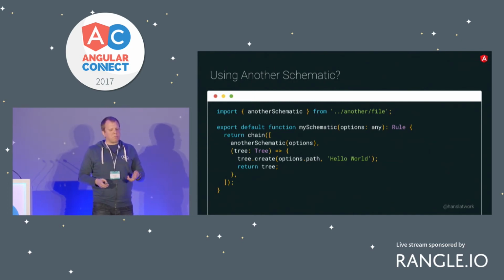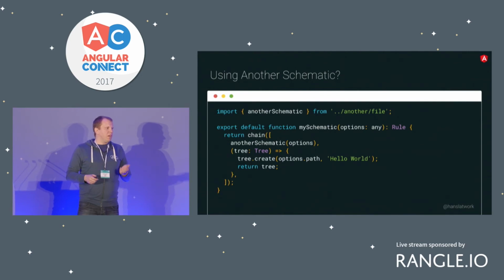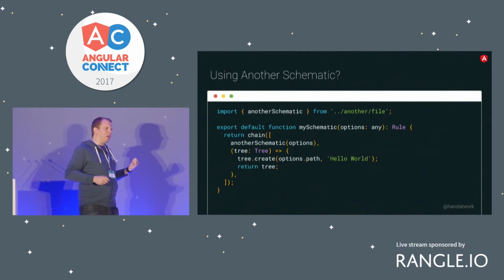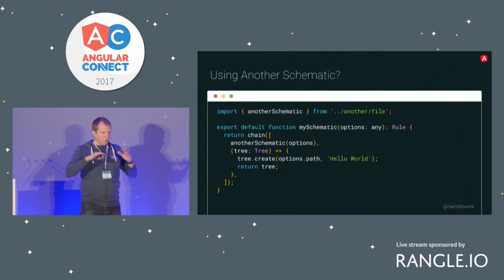But in this case, if options.path already exists, it's going to discover that when you try to create, it will lead to an error down the line, and it will just prevent the whole system from being run. So this whole schematic will fail.